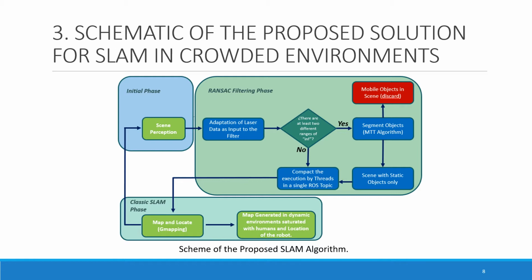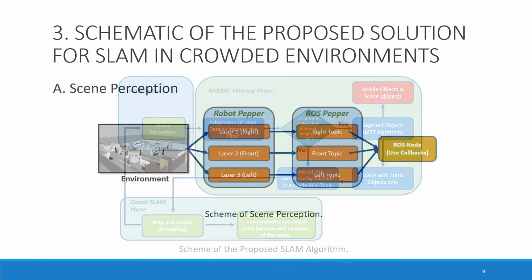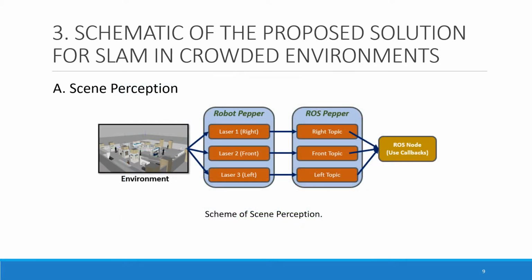Basically, the schematic of the proposed solution consists of three phases: an initial phase that consists of the scene perception, a filtering phase, and the SLAM phase. The scene perception module allows gathering data from the robot sensor. A diagram of an example of this process is shown in this figure.